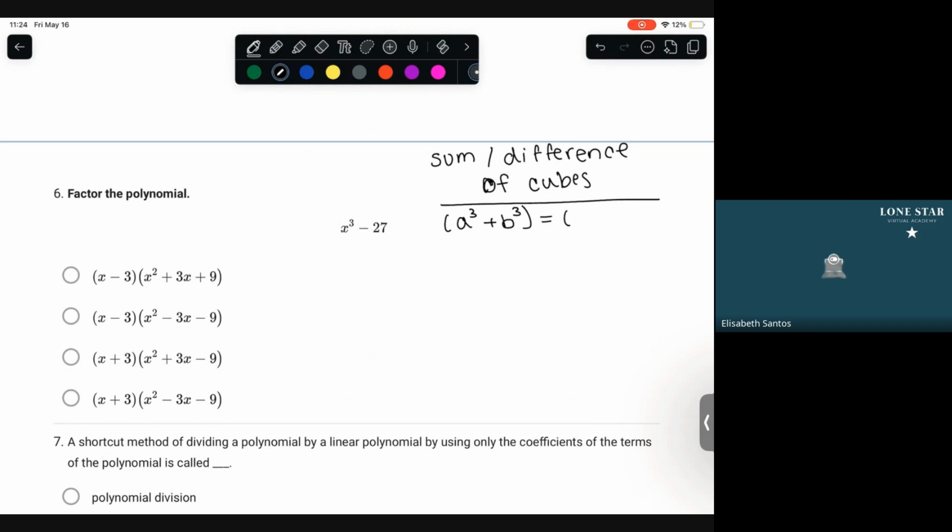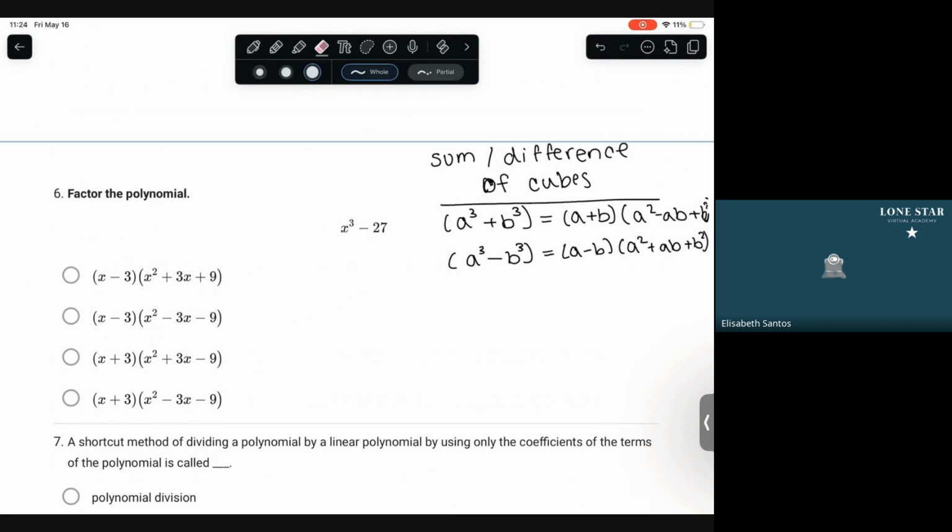A plus b times a squared minus a times b plus b squared. Okay, and then the difference of cubes is a cubed minus b cubed. And those factors are going to be a minus b times a squared plus a times b plus b squared.